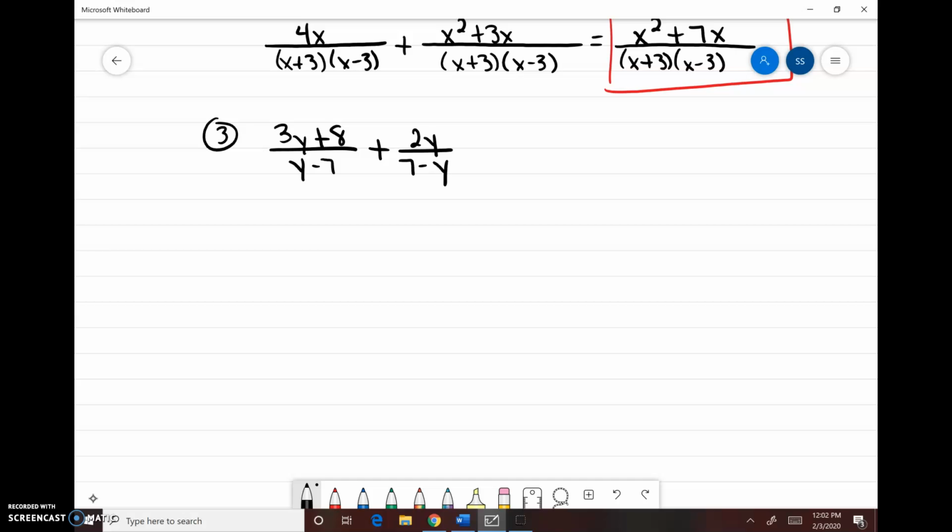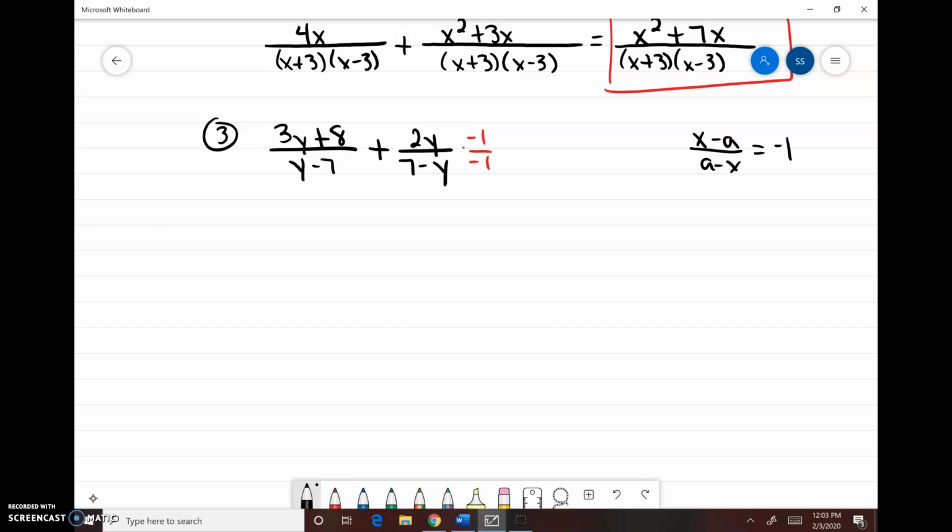And so if we remember the way opposites simplify, if I have x minus a over a minus x, I know that that simplifies into -1. Okay? Well, I can use that fact, and I can get these denominators to be the same by simply taking this second fraction and multiplying -1 to the top and -1 to the bottom.